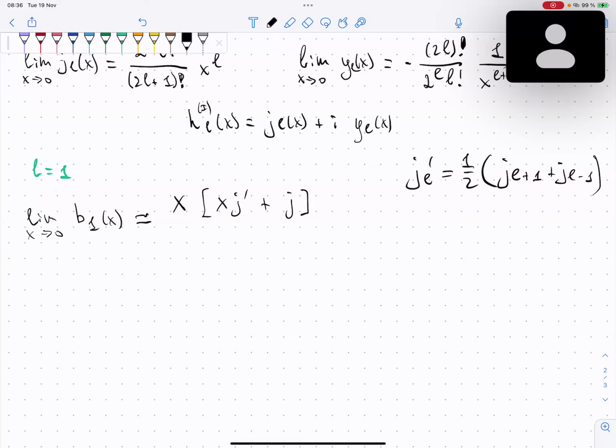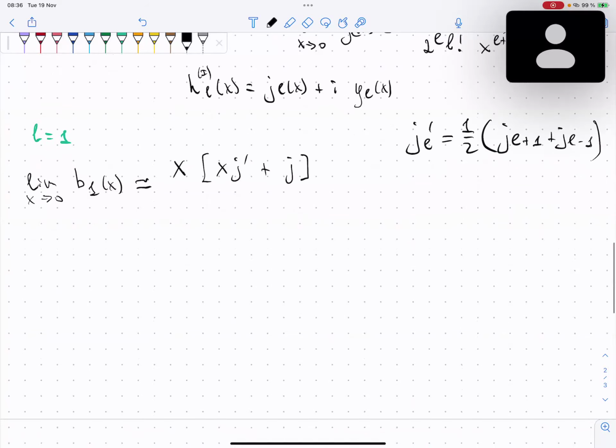Well, while I'm trying to find it, let's just assume that this is correct. So this guy will be something like x multiplied by the spherical Bessel j_n of x.